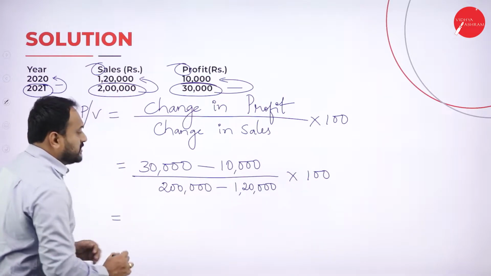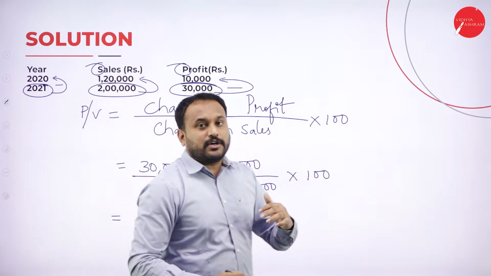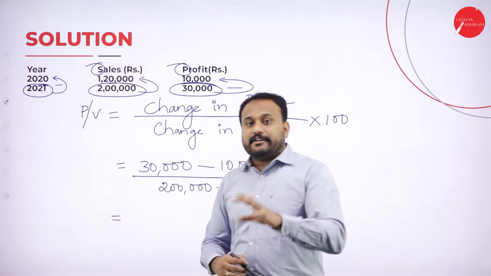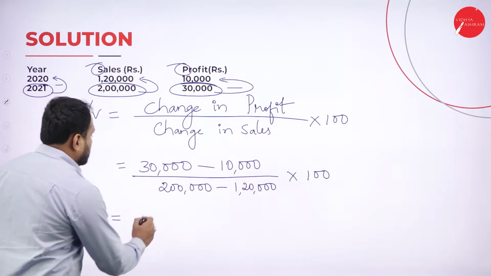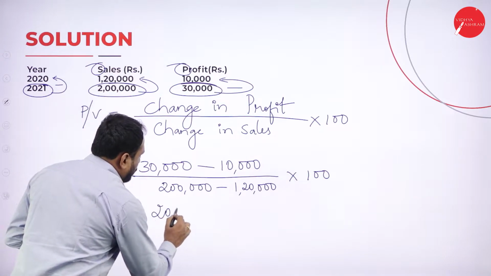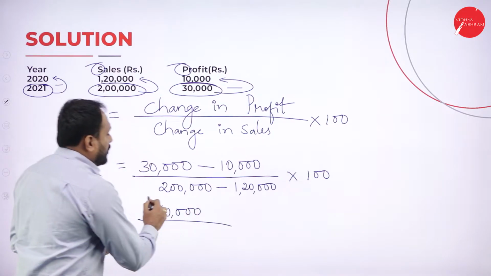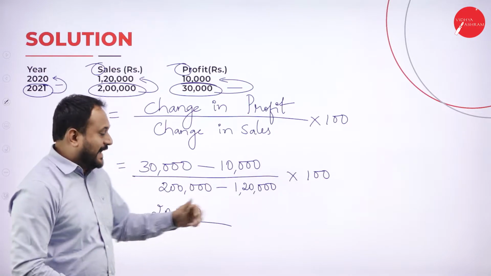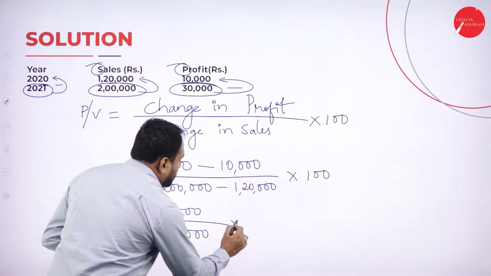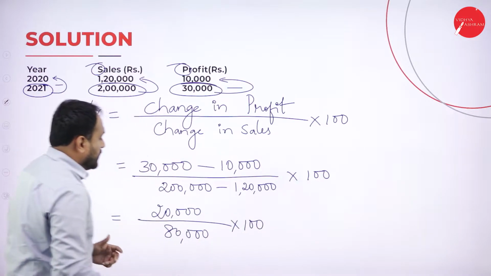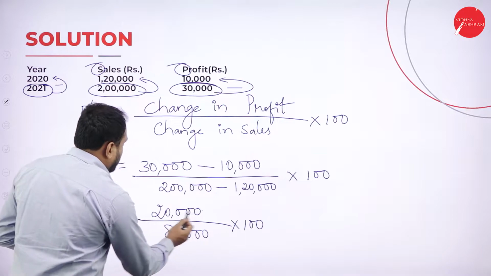Now we need to go with this. I'm telling you here, students, go with the steps, because you will definitely get step marks. So 30 minus 10 is 20,000, divided by 2 lakh minus 1,20,000 which is 80,000, into 100. Now what has happened here?